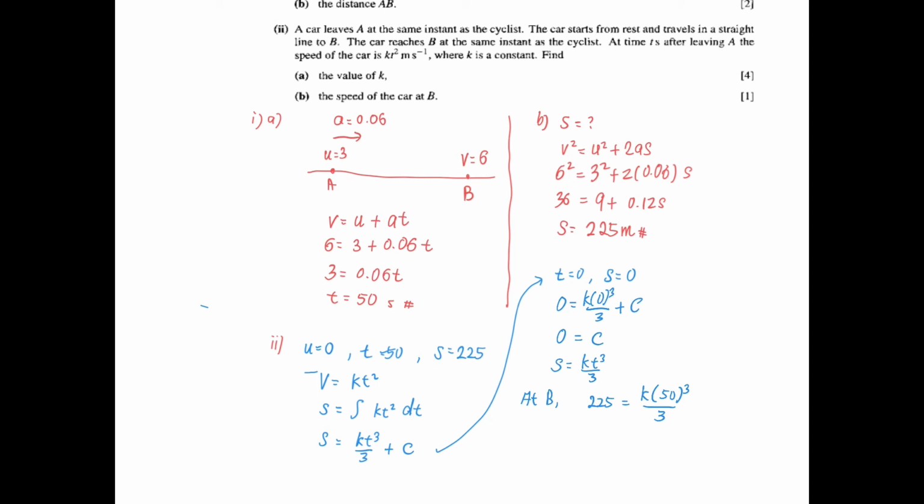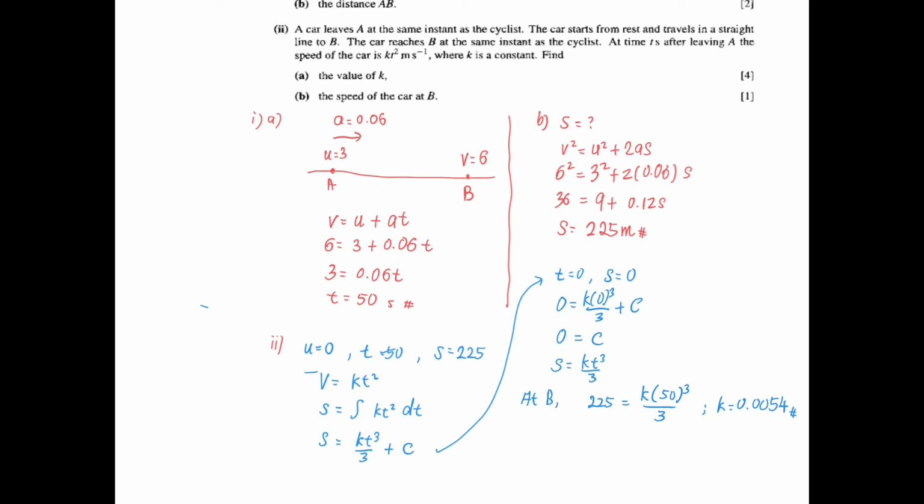So we just need to solve this equation, and then you will get the value of k. So 225 times 3 divided by 50 cubed. Okay, so we get k equals 0.0054. Okay, so that is the value of k.